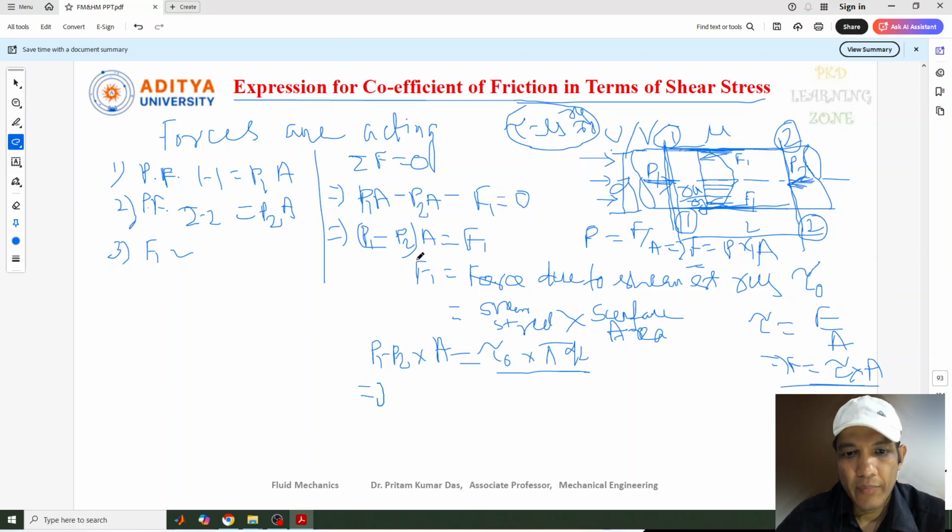Now in place of A I can write pi d square by 4, since we know the area of the pipe is pi by 4 d square. Now pi d cancels, so only one d remains. So P1 minus P2, and this 4 we take to the right-hand side: P1 minus P2 equals 4 tau naught L divided by d.